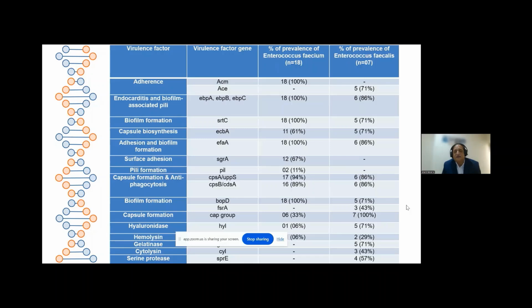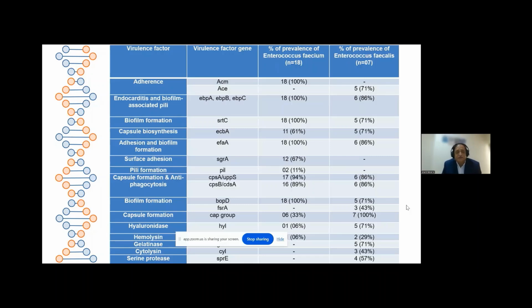FSRA was not there in the case of faecium, but was there in 3 out of 7 in the case of faecalis. A capsule formation CAP group was found in 6 out of 18 faecium isolates, while they were there in all faecalis.